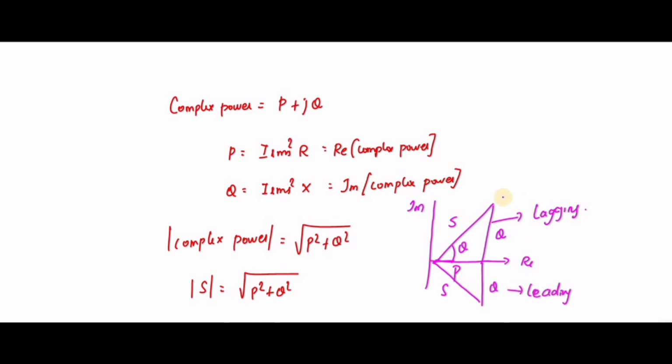This triangle is called the power triangle. You can see I have all the terms: complex power, and this one is nothing but apparent power. Q is nothing but the imaginary term of the complex power, that is reactive power, and this is nothing but the real power. I have covered all the terms.